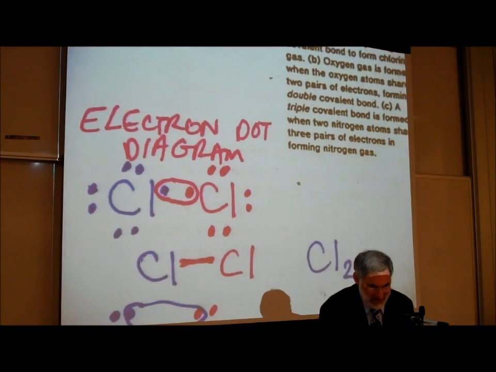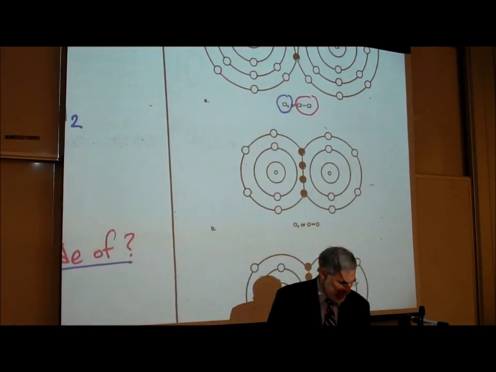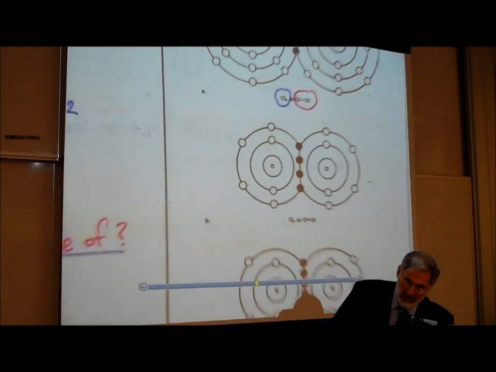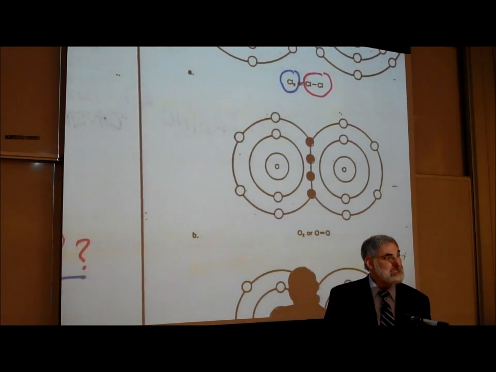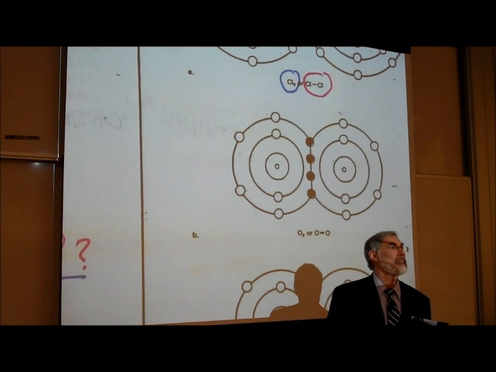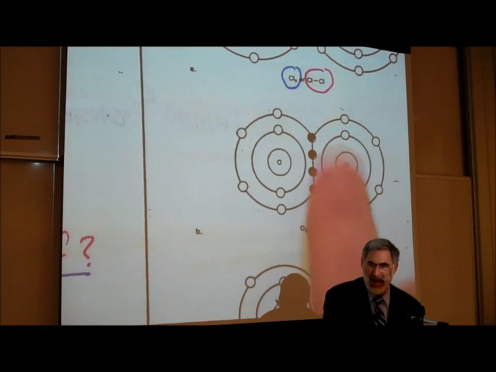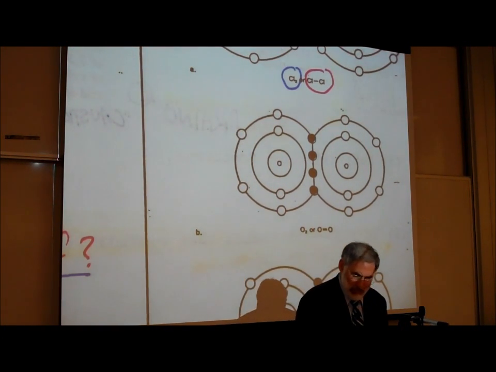Let's give you a second example. The second example is 2 oxygen atoms. Now is oxygen an important thing to talk about for a biology class? Well, yes it is, because you're breathing oxygen at this moment, so I guess so. So oxygen atoms are each going to share 2 electrons. Let's remind you of oxygen.